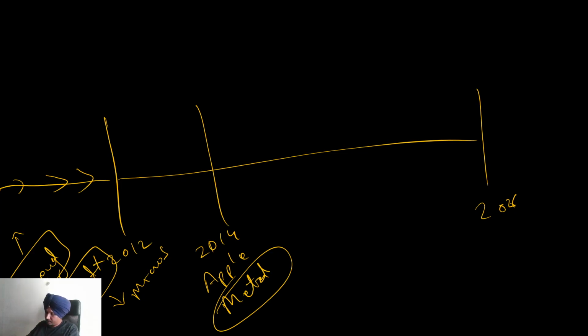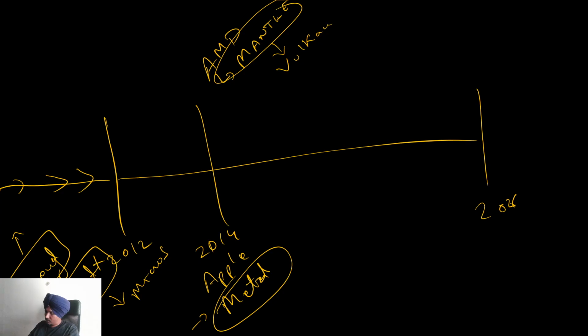This is where AMD had one API very similar to Metal, called Mantle. They proposed that they would use this API as open source, and later on this Mantle API became the Vulkan API.